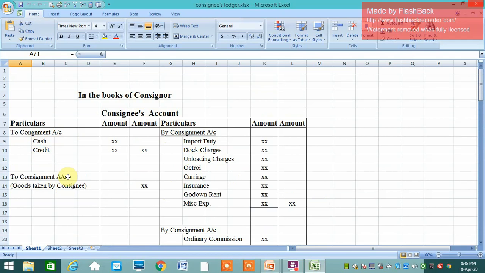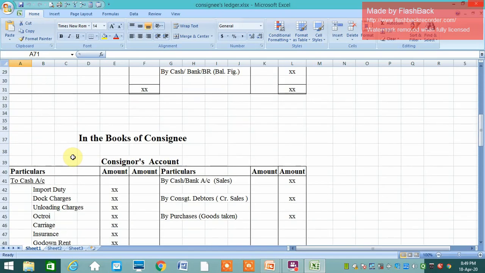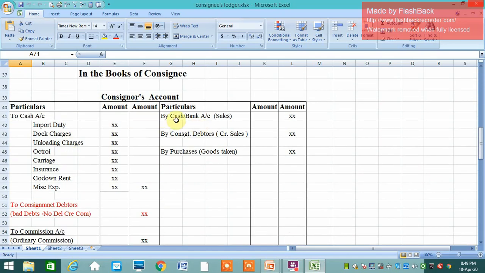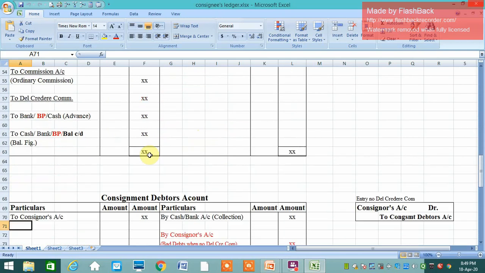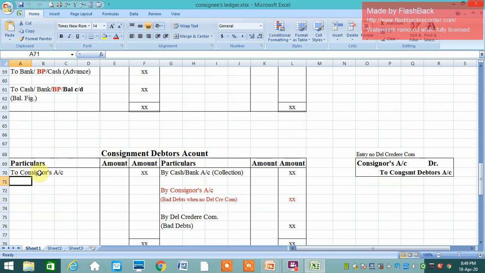Only the name of the account will change. Here it says to consignment account, these are the sales, and here it will not come as by consignment; for cash sales it will come by cash or bank account, and for credit sales by consignment debtors account will come, and the second effect of this will go to the consignment debtors account as to consignor's account.